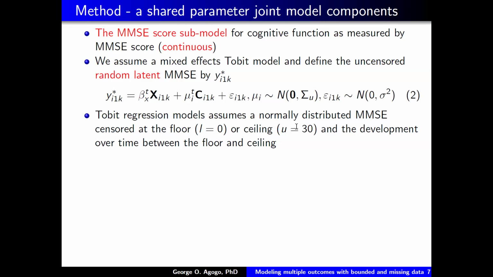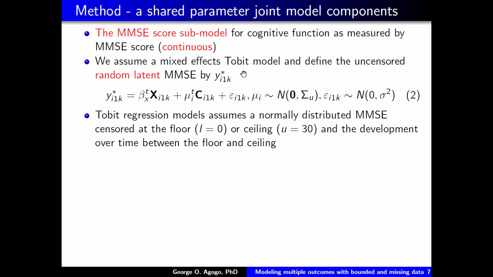Now we have what we call the MMSE score submodel component for cognitive function, as measured by the Mini-Mental State Examination, which is bounded between 0 and 30 and is assumed to be continuous. For this particular outcome, because of the bounding effects, we assume what we call a mixed effect Tobit model.